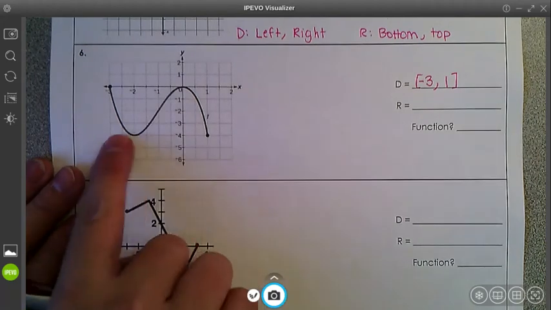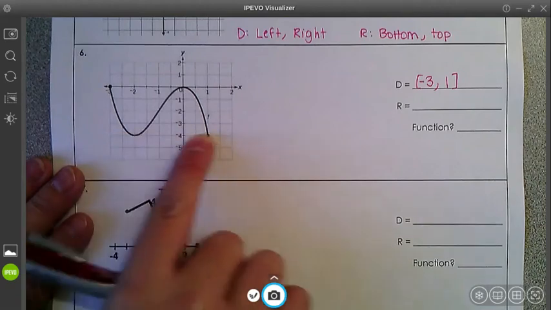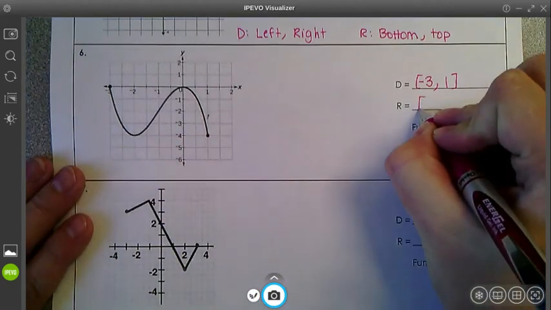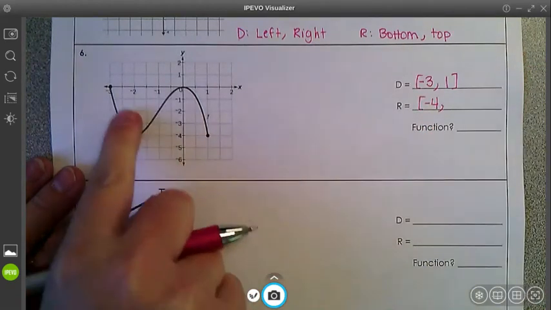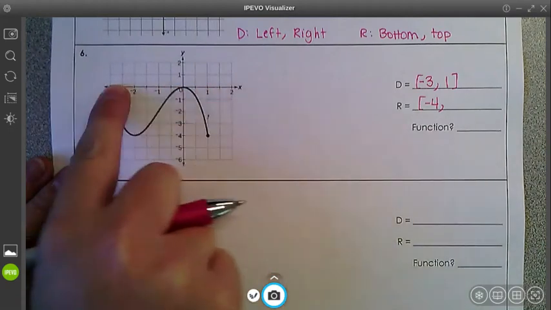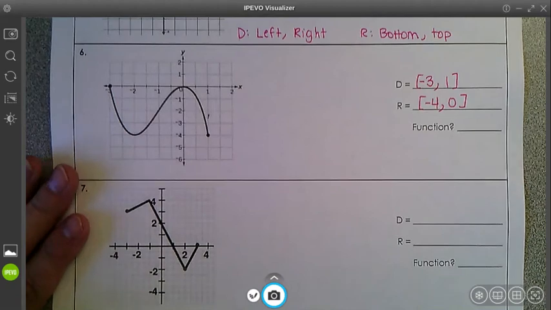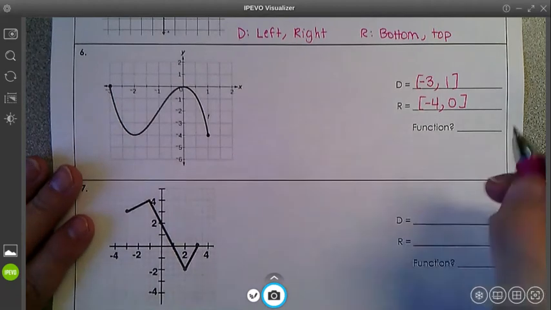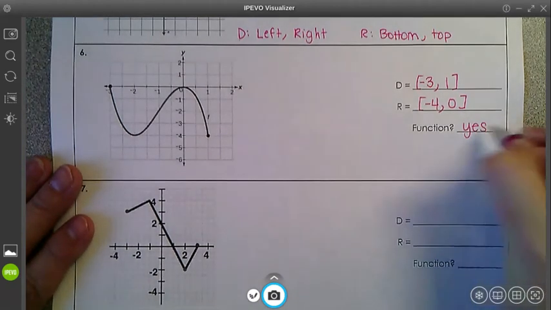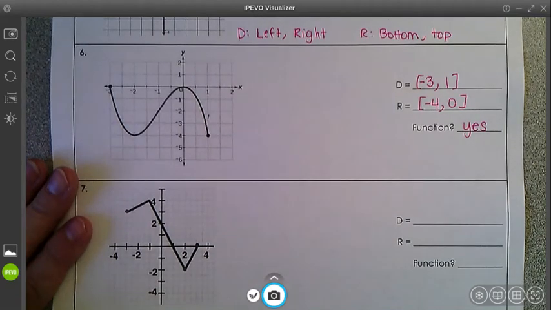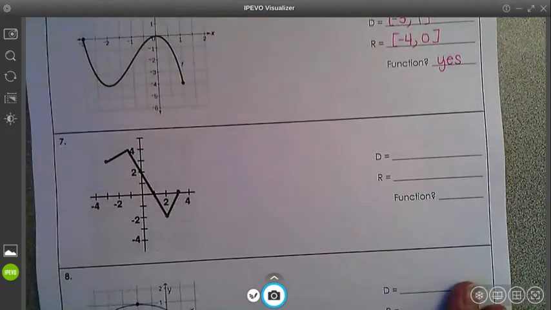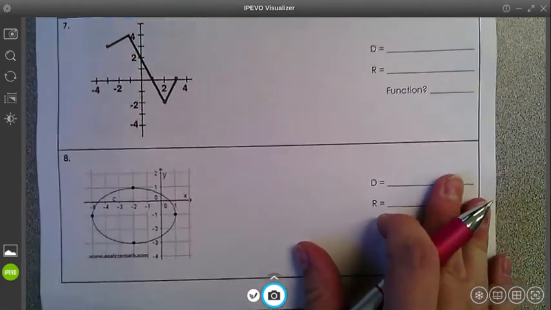The range, the farthest it goes on the bottom is -4, and the farthest it goes to the top is 0. Is it a function? Yes. I want you to pause the video and try numbers 7 and 8 on your own.